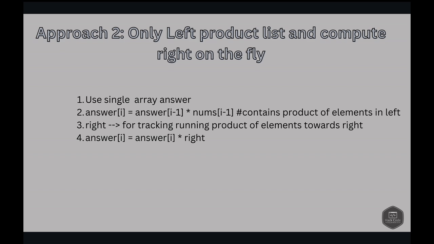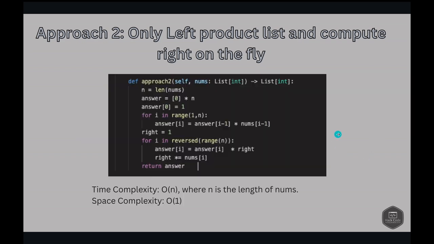So for a given index i, answer of i would contain the product of all the elements to the left, and right would contain the product of all elements to the right. Then we update right as right equals right times nums of i. So let's go over the code. Here we are initializing n, the length of nums. Here is the declaration and initialization of the array answer.